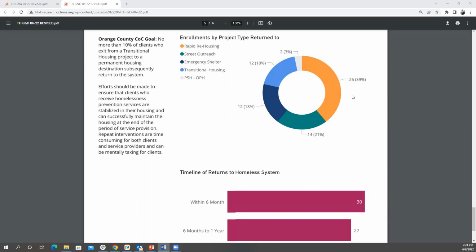The rapid rehousing one, it could be an error in data entry. I know some clients are going from transitional to rapid rehousing projects. If the transition occurred within 14 days, then that would not be considered a return to homelessness. It would be considered flow through the system.